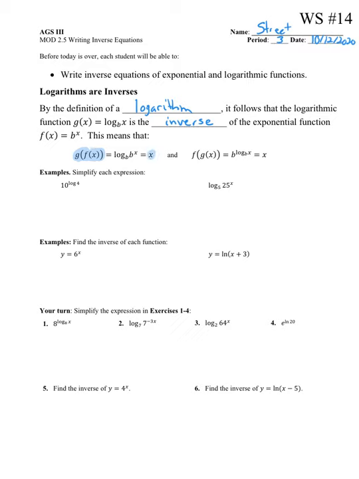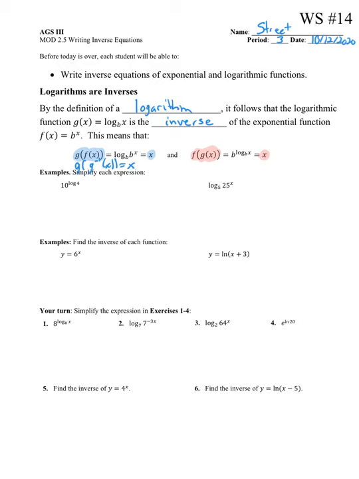And remember, we did this on our first graded assignment, where we said if you have a function and its inverse, and you compose the two, you're going to get x. And that's exactly what we're seeing here.